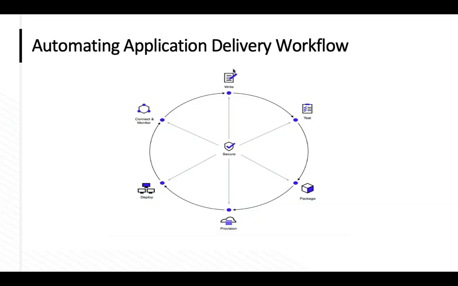So if you look at a modern day application, you're really going to start here at the top, where you're going to write and test an app, and then you're going to package it in some way, and then you've got to go and deploy it and provision it out to some infrastructure, whether that's an on-prem data center or into a public cloud, or in some cases you might have both of those.